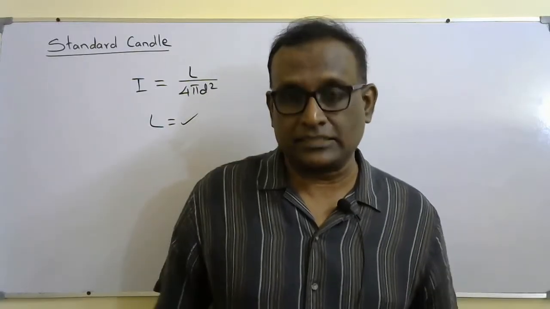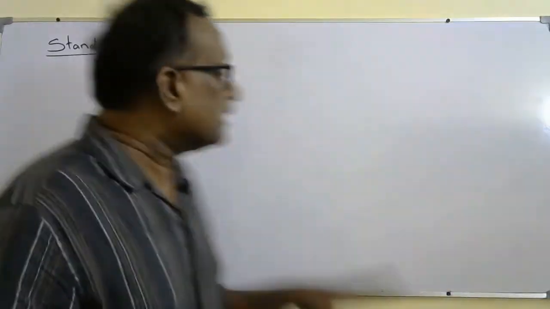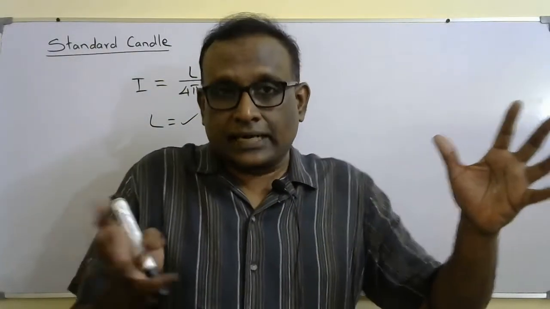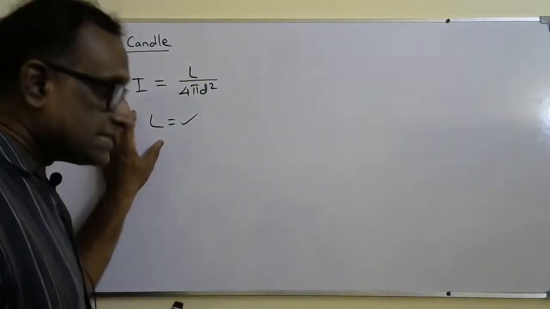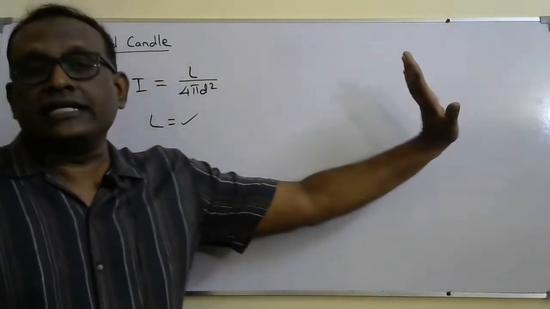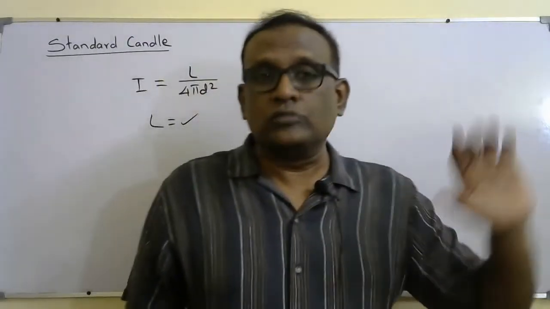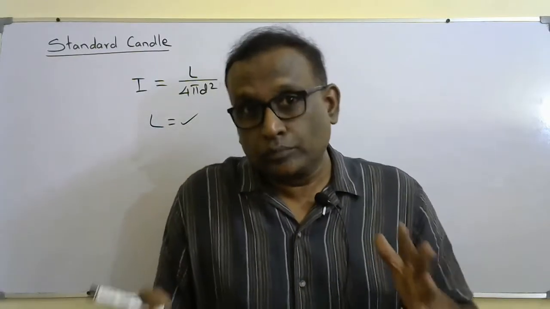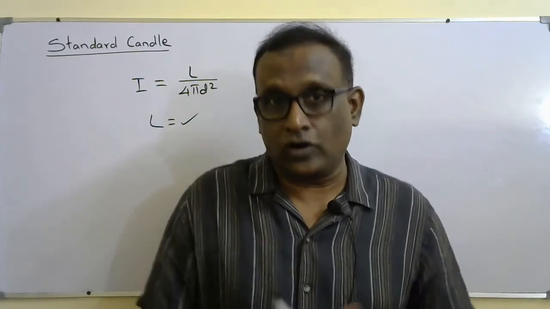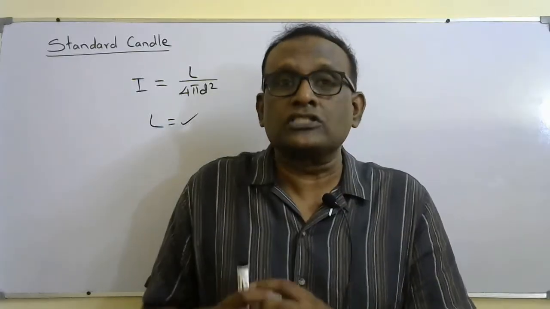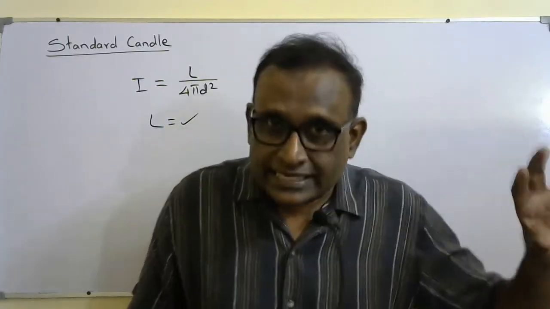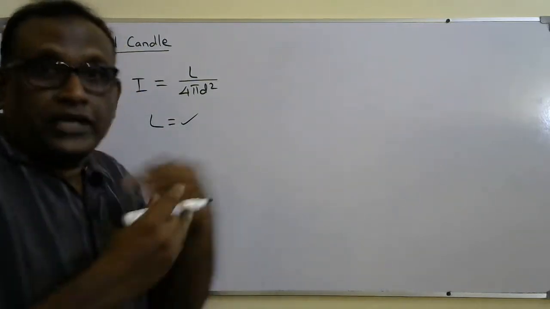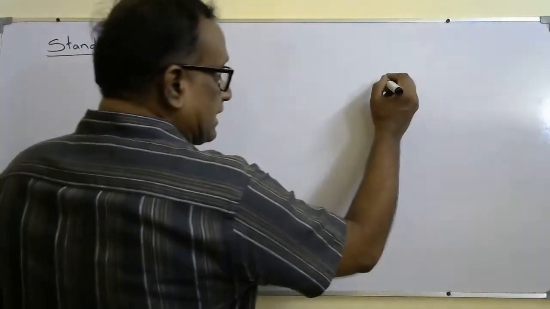By taking that assumption, we use the luminosity we measured for the nearby star for the far distant star as well. It's an assumption, so it might go wrong if this assumption is wrong. So we know the luminosity of the far distant star.